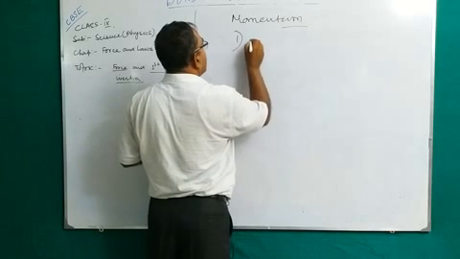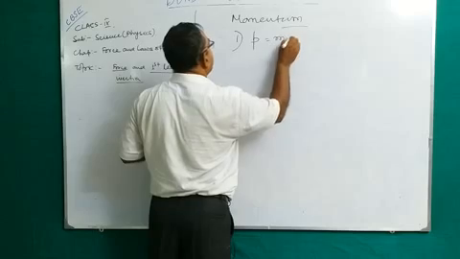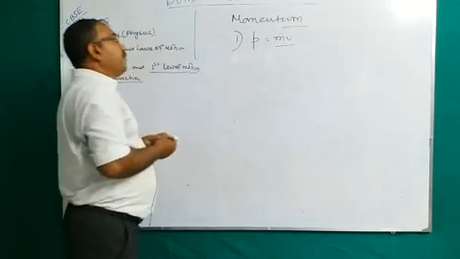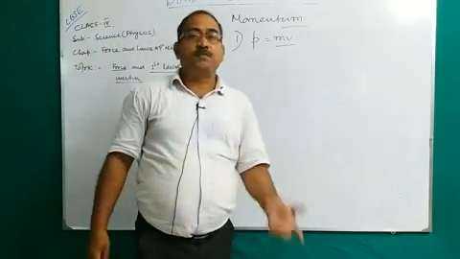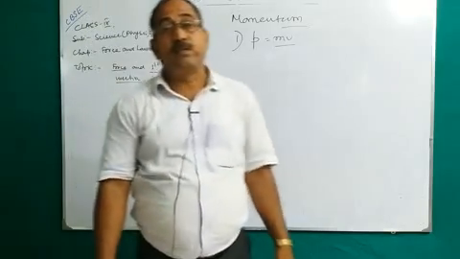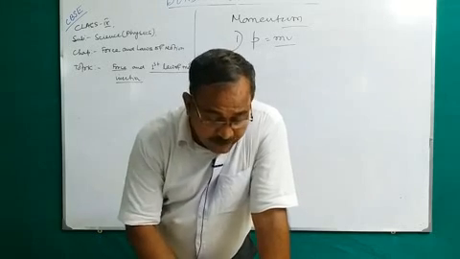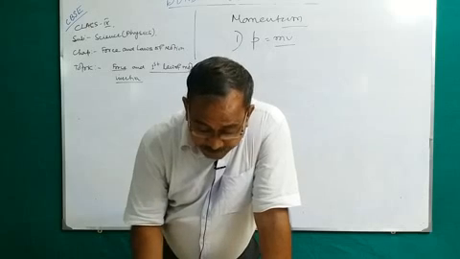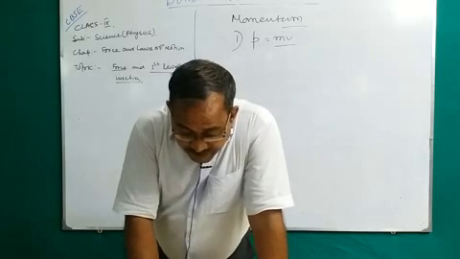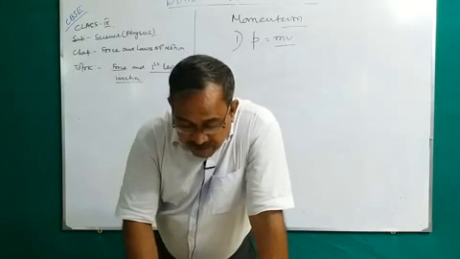Momentum, P equal to M into V. Momentum is the product of mass and its velocity, not the speed. But the quantity of motion possessed by a moving body is known as the momentum of the body.